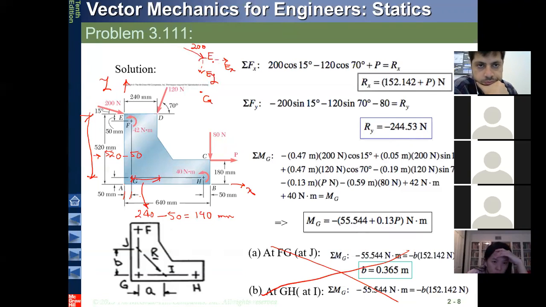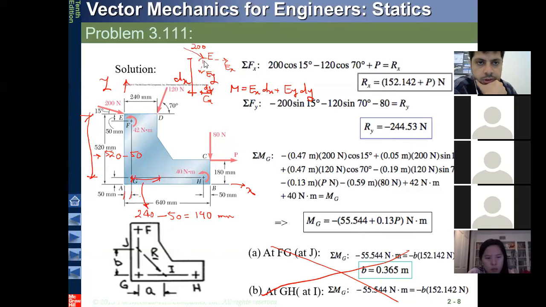Then the resultant of the moment would be Ex dx plus Ey dy, right? So this is dx, and well, I did not draw a good picture, but this would be dy. Imagine this is point E. How about that?